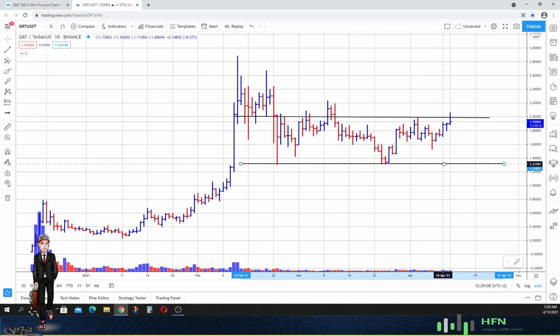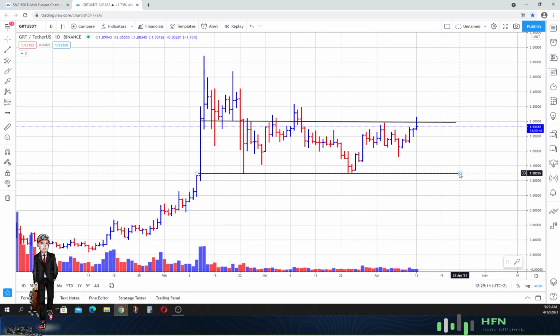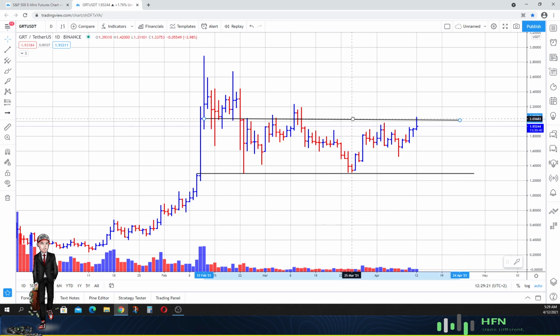So let me bring this down here. This is where the area of support currently lies in the market in Graph. Okay. And restriction into the market in Graph currently is being seen here. Okay, right around this area. So this is it.